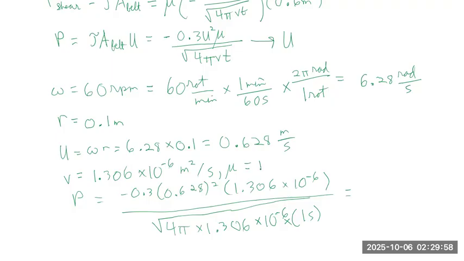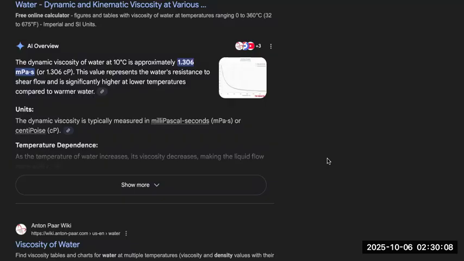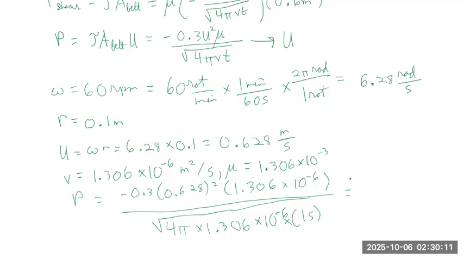So 1.306 times 10 to the negative 3, basically pascal second. And thus we can plug in our new values.